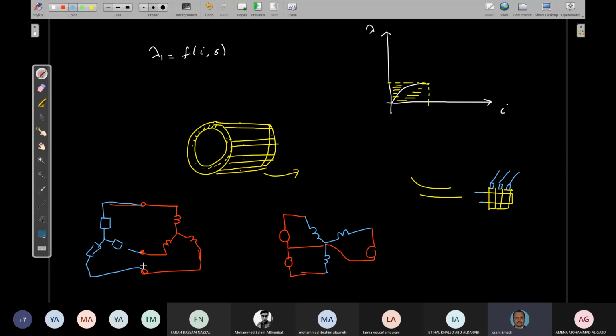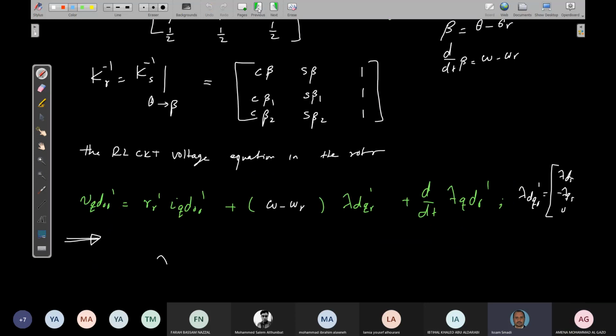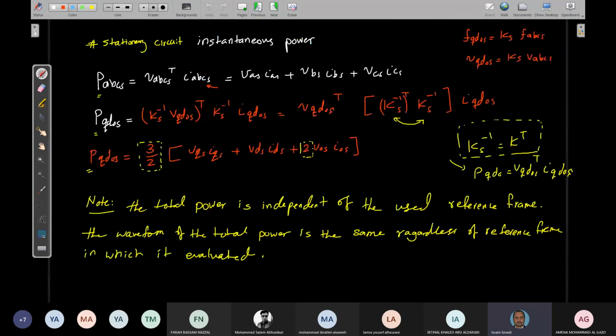No. If you look at the equation, VAR, VBR, VCR was equal to 0 or it was arbitrary? It was arbitrary. The voltage equation was arbitrary.